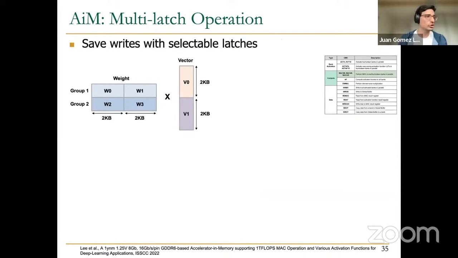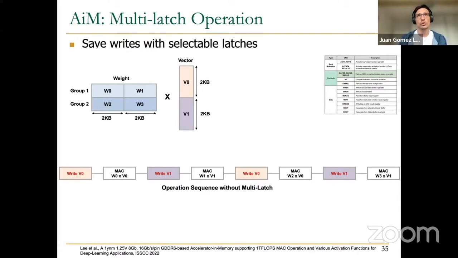This is also an interesting extension of the PU that allows saving some writes to the global buffer. As you already know, the global buffer is going to hold the vector. This vector might need to be coming from outside, from the host processor, and of course, writing something from outside to the global buffer is going to take a significant amount of latency, because in the end we'll have to go through the external memory channel, right?